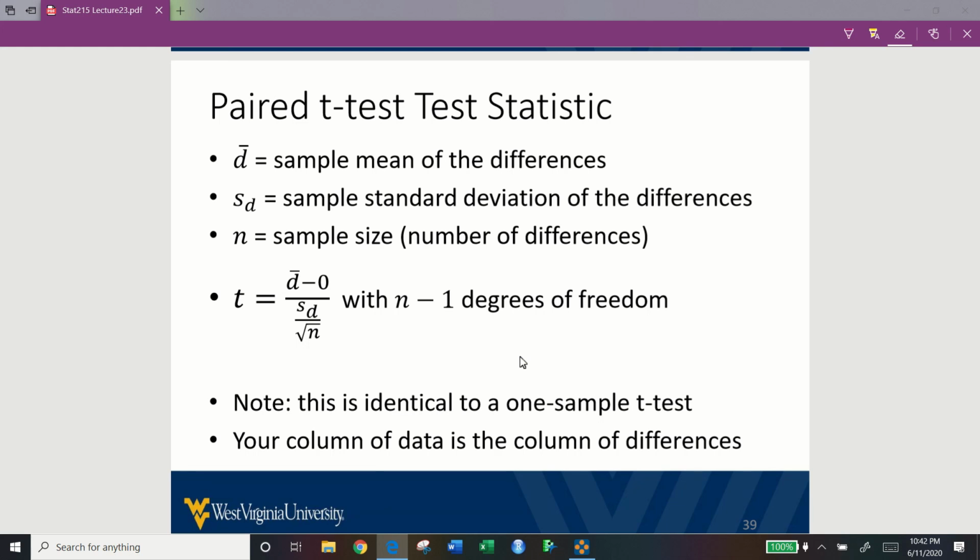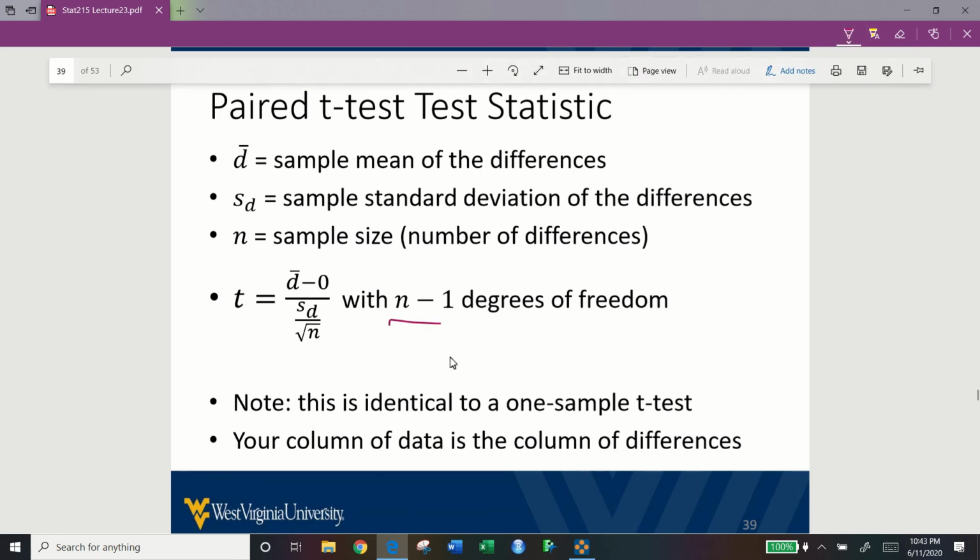As you saw, that says t equals, that means we're using a t-distribution, in this case with n minus 1 degrees of freedom. And if you have noticed, this is identical to the one sample t-test. Our column of data that we're interested in is the column of our differences.